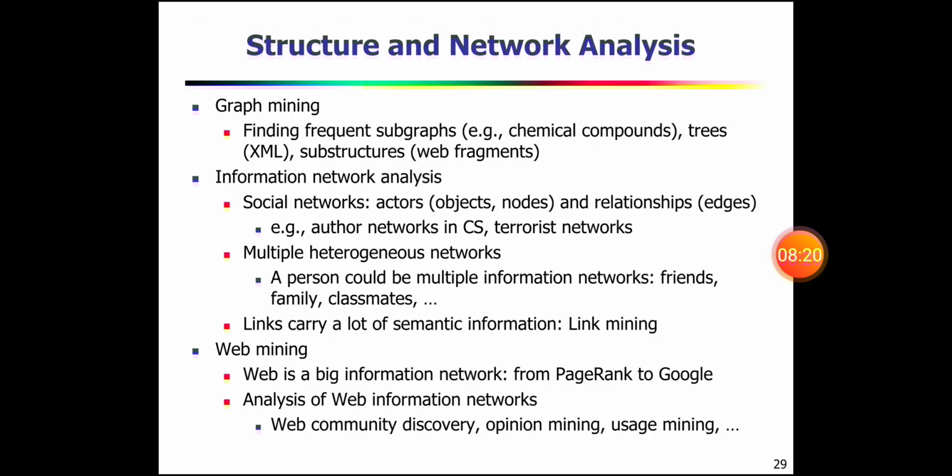The other one is graph mining: structure and network analysis. The first one is finding frequent subgraphs, trees, substructures, etc. If you take a chemical component, the results will be represented in the form of some graph. The graph will have some variations.